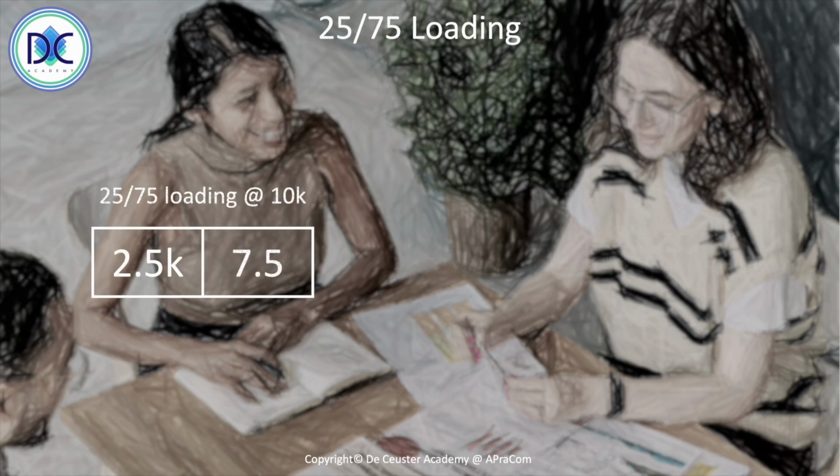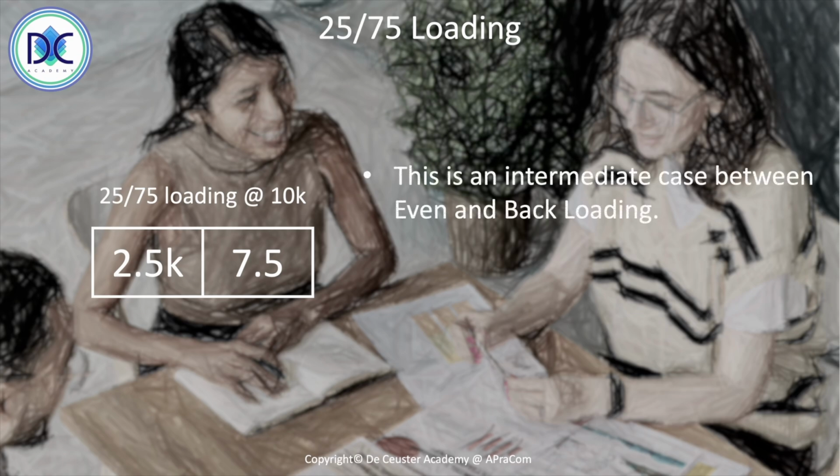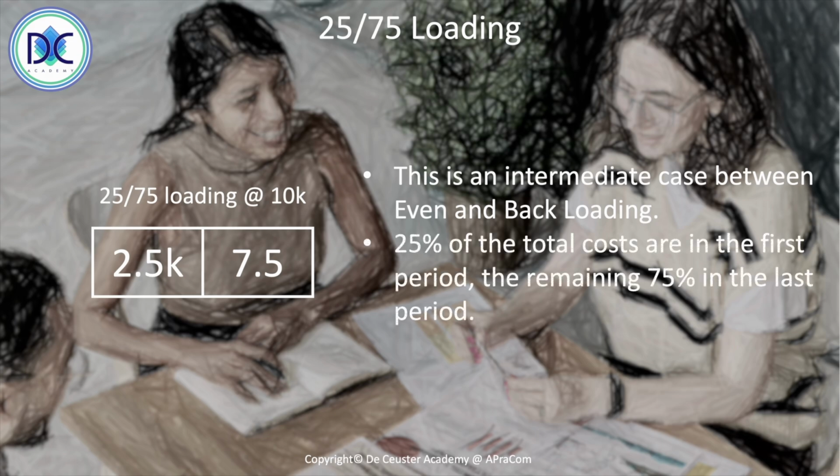We see that now most of the costs are in the second period, 25% in the first period, 75% in the second period. And that's basically that method, the 25-75 loading. And when we add up everything, the total cost of the activity is also 10K.